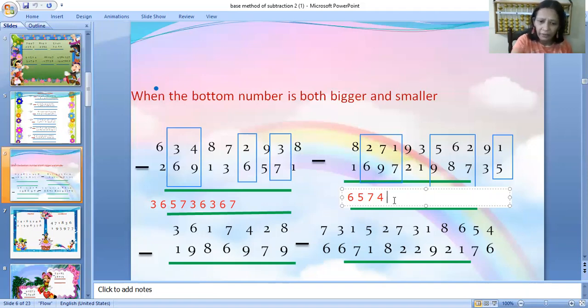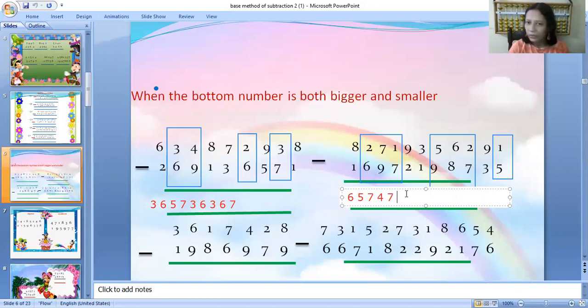So 7 you will write down as it is. Okay. In your mind now you will not think what comes before 7. Why will you not think what comes before 7? Because in the next case you don't need any borrowing. Okay. Move to the next. 3 minus 1 is 2. But will you write here 2?